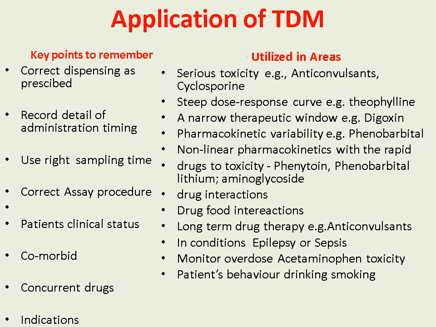TDM could help to decrease such serious toxicity events by monitoring the plasma concentrations of the drug, comparing them with the standard concentrations required to give a rational therapeutic range, and it helps to prevent the concentration from reaching the toxic level.